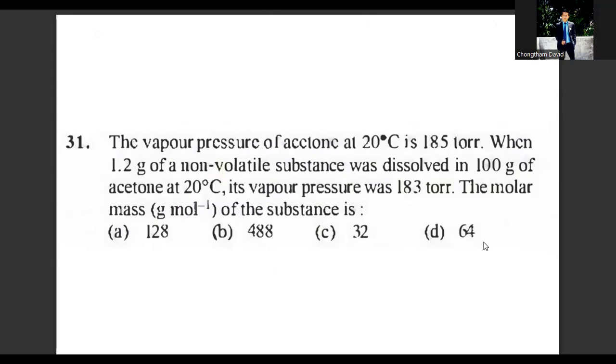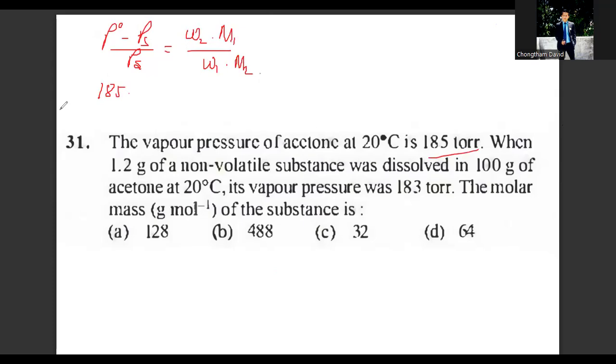So you have to use the relation of relative lowering of vapor pressure. What was the relationship? We have learned (P naught minus Ps) divided by Ps equals W2, weight of the solute, times M1, molar mass of the solvent, divided by the weight of the solvent times the molar mass of the solute. So let us input the values. The pure state is 185 according to the question.